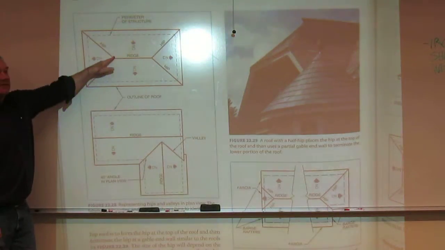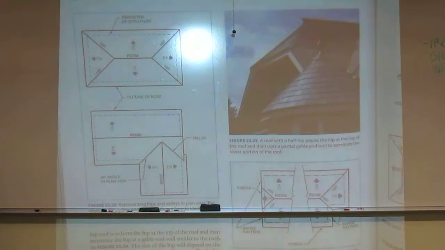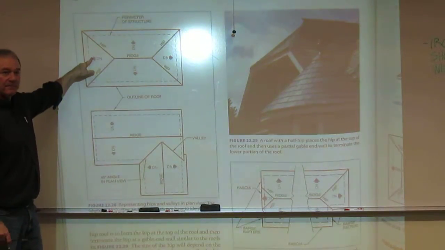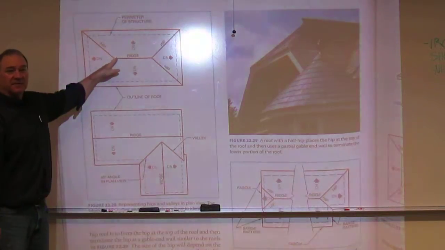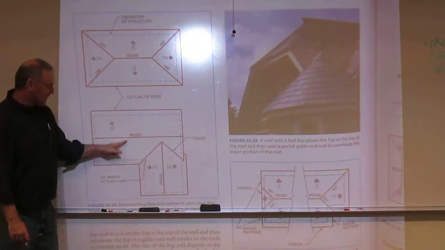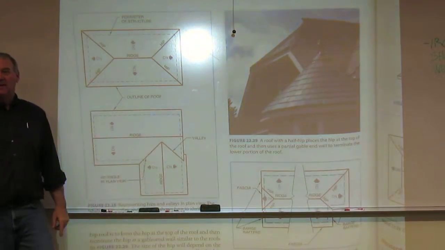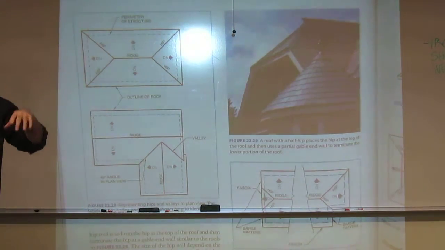By the way, what angle is this line? Anybody know? 45. If the two roofs slope the exact same pitch, so they're both 6/12s, this line will always be a 45. Valleys also. If this is a 6/12 and that's a 6/12, that will be 45. Always, because in essence, remember, you're looking down on a right triangle, that's a 45-degree angle.